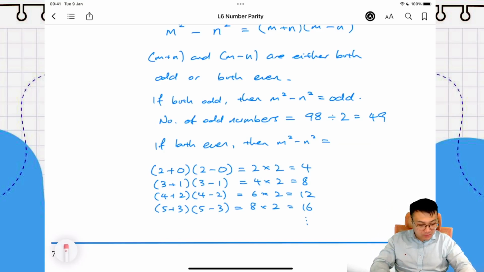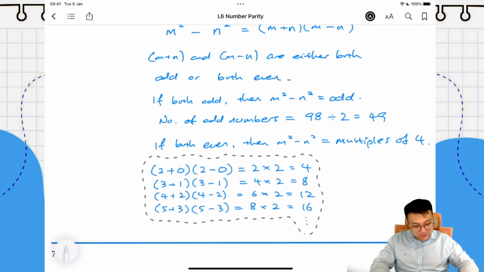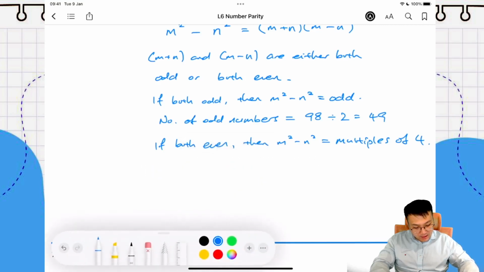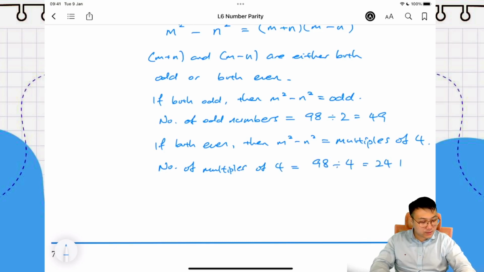So I'm not just going to write even, I'm going to write down they are multiples of 4. Okay? So let's find how many multiples of 4 there are. 98 divided by 4 gives 24 remainder 2. So you have 24 possible multiples of 4.